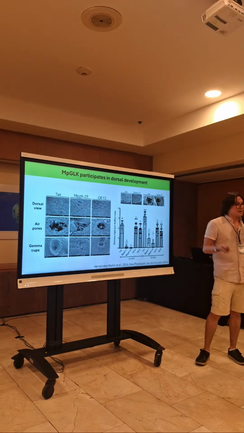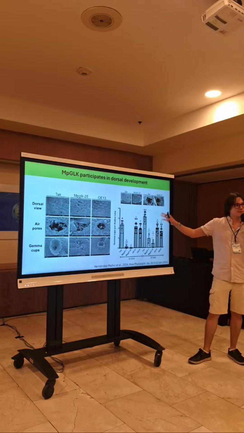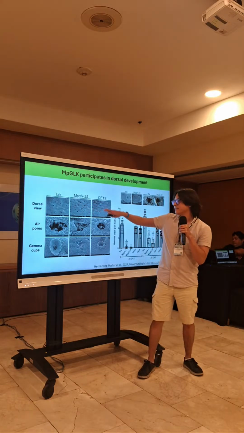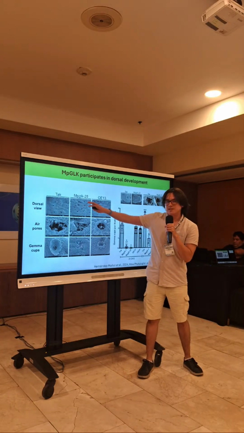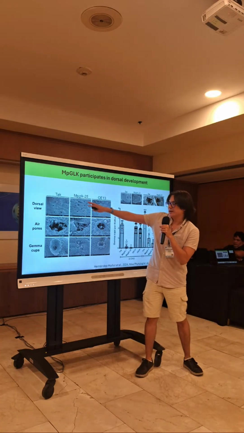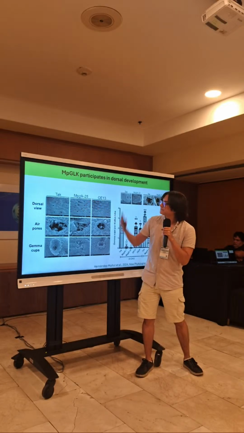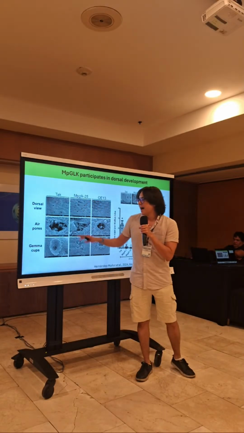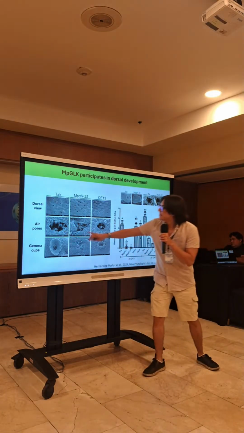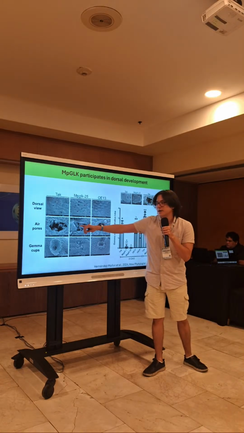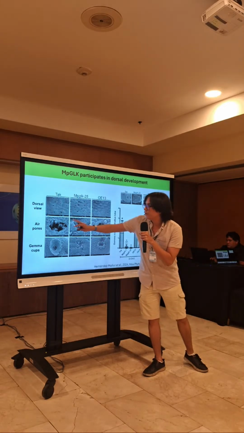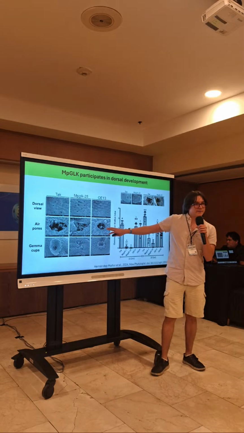Furthermore, we decided to analyze the development of dorsal structures through scanning electron microscopy. And as you can see in these panels, the development of the thallus, as seen from above, is clearly affected in the mutants. Additionally, when we analyze the development of the air pores, which are analogous to the stomata, the mutants are unable to develop a full epidermal ring, unlike what happens with the wild type or the overexpressors.